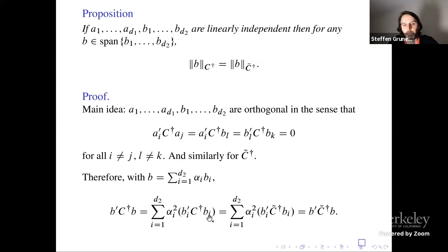Due to my earlier proposition, which I just stated, this is equal to BI transposed C tilde dagger BI. And then I can recompose these things back together, and I get B transposed C tilde dagger B, which corresponds to the mean squared error. So mean squared error under C is exactly the same as mean squared error under C dagger. So all these samples are totally useless when I'm using the maximum likelihood estimator.